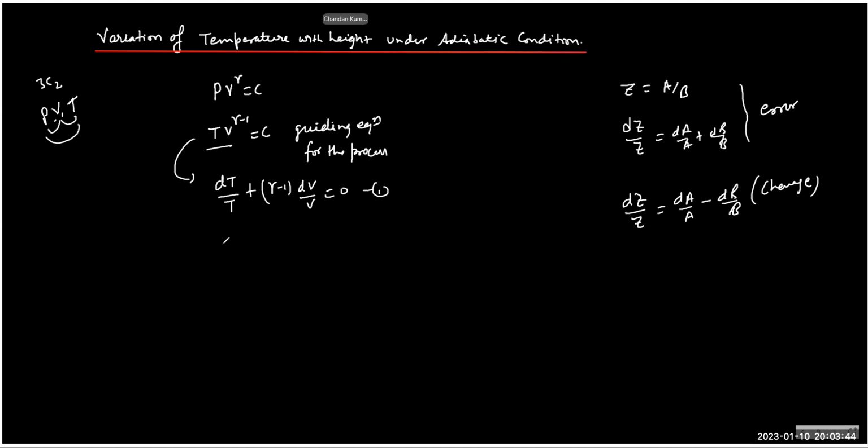Volume: PV equals nRT, so V is proportional to T by P. So you can write V as T by P, and with the power gamma minus 1, once you know the proportionality, you can always replace. So what you get here is P^γ upon P^(γ-1), and now you know how to differentiate this. I have explained it to you.